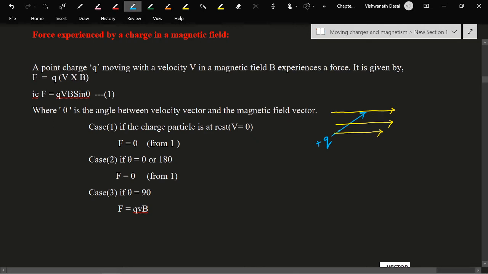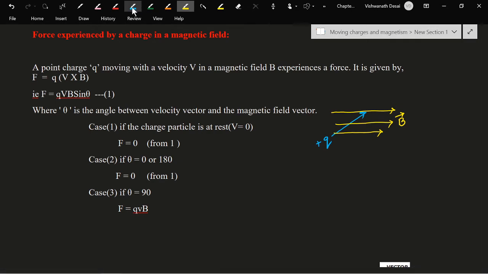Why? Because when a charge is stationary, it only produces an electric field. But the charge is now not stationary. When a charge is moving, that constitutes current and a magnetic field around it. That magnetic field and the magnetic field I applied externally both interact.